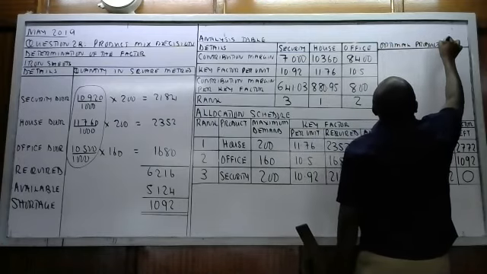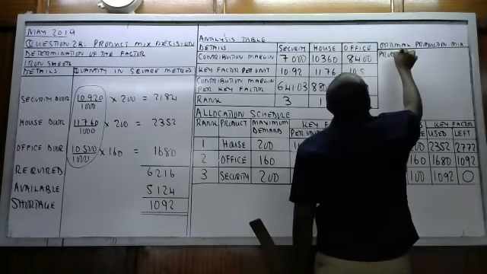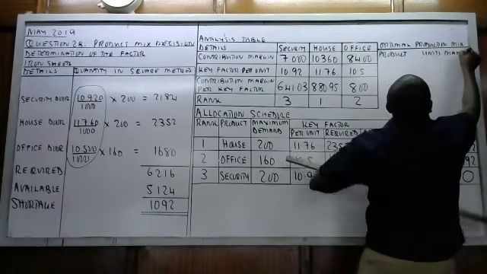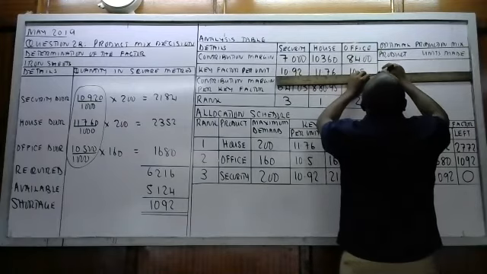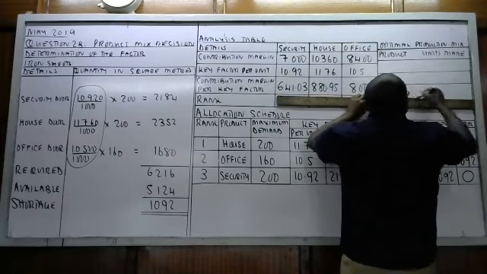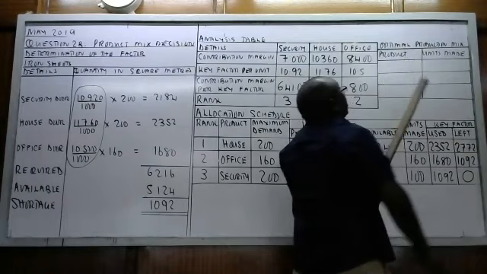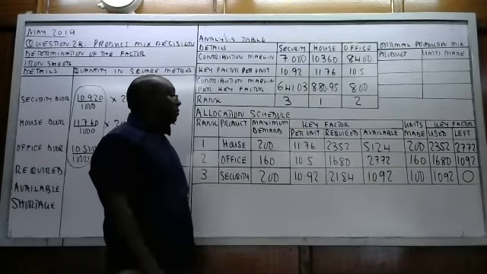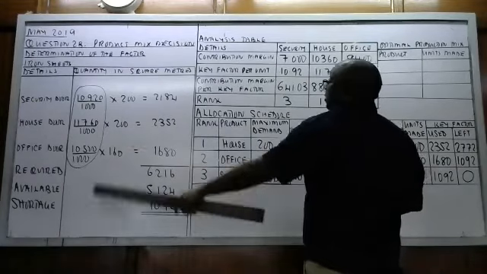We have the products and the units made. Optimal production. It's called optimal because it's the one that will give you maximum profits.